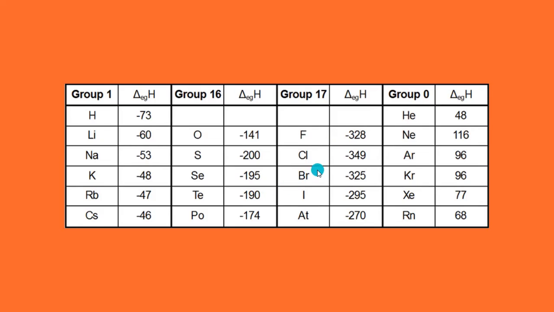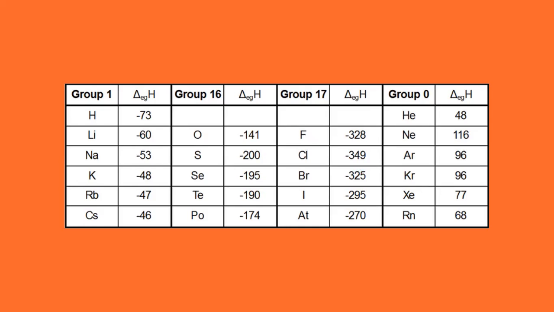And chlorine is the element with the most negative electron gain enthalpy, that is, the highest negatively charged electron gain enthalpy element.